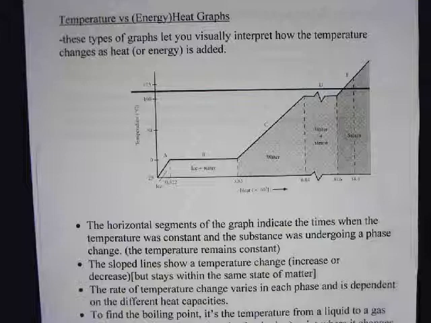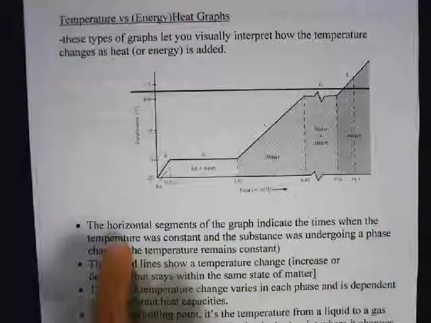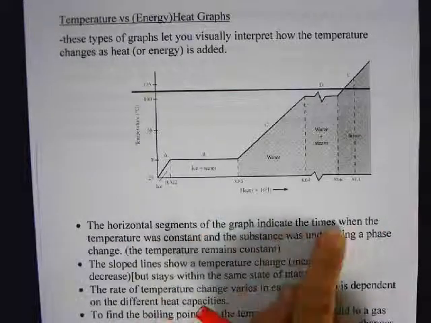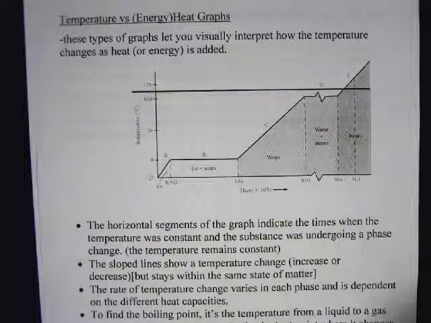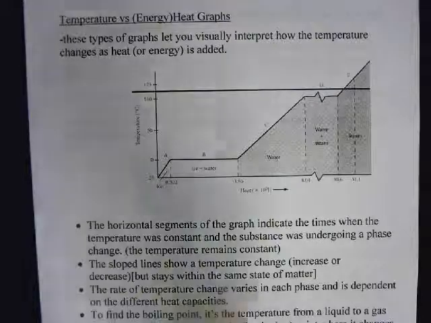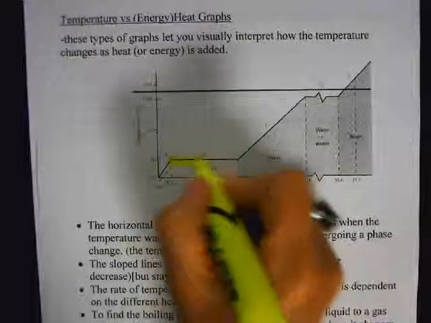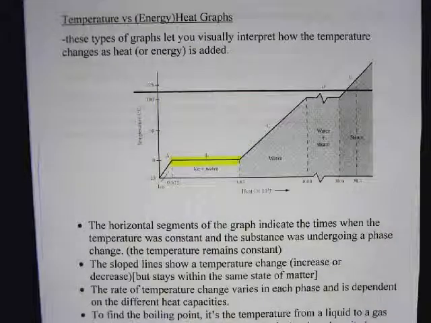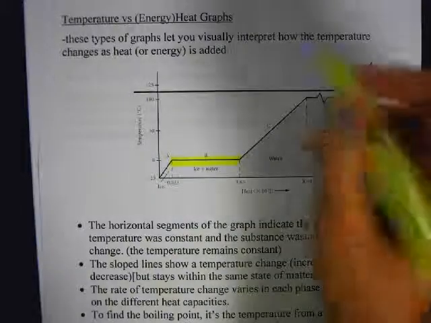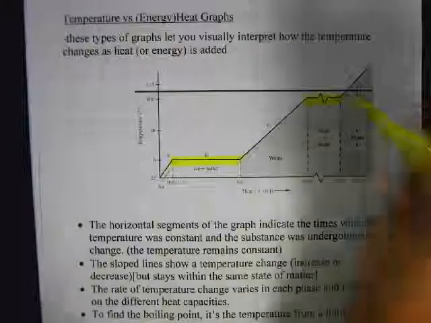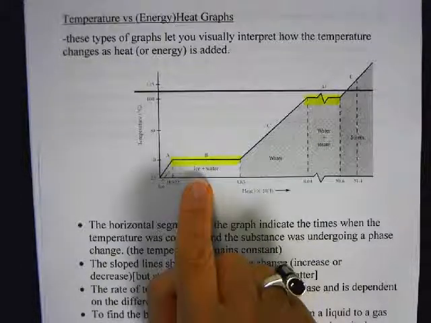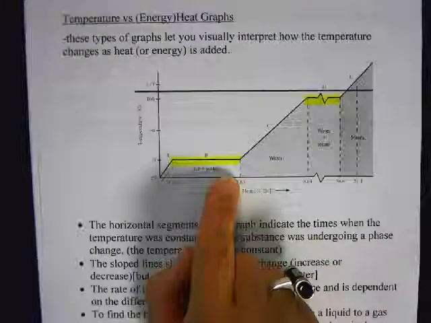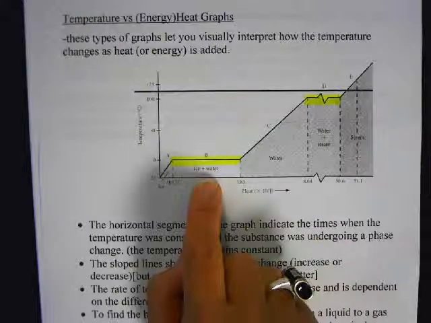Okay? So what happens here is the horizontal segments of the graph indicate the times when the temperature was constant. Because here, if you look at part B, this is 0 degrees Celsius. If you look at part D, this is 100 degrees Celsius. Well, we know for water, this is the temperature at which water freezes.